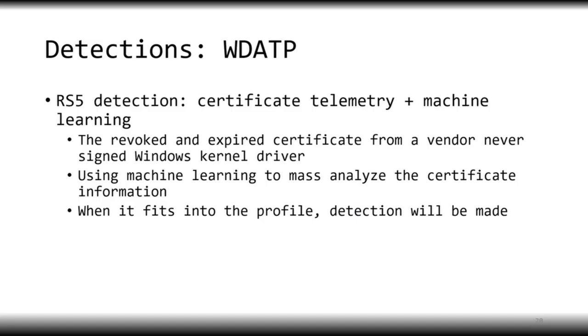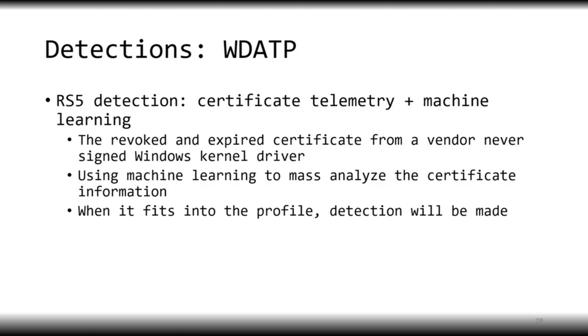From the detection point of view, this can be a really interesting topic, because of these hardware compatibility issues, just restricting all these drivers is not really practical. So the next thing we can do is detect these threats as early as possible, when they come out.